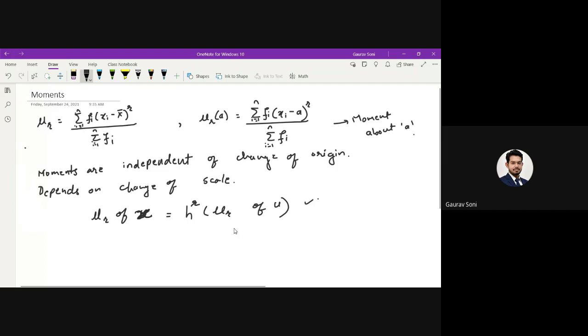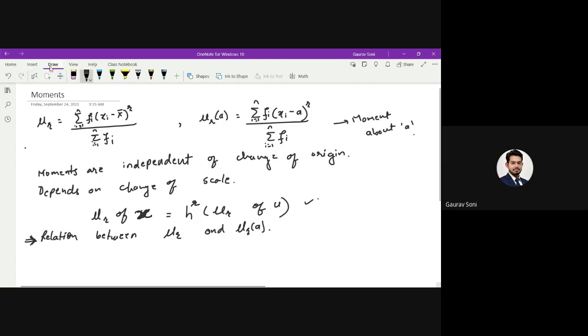This we saw. And the third and very important one was the relation between mu r and mu r of a. These things we have already seen.